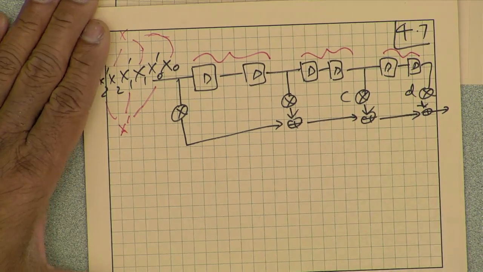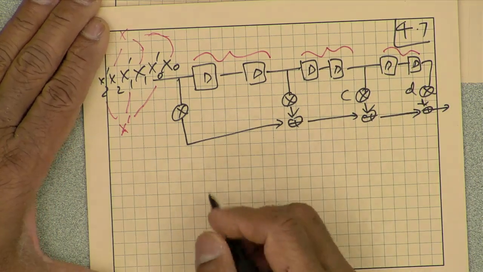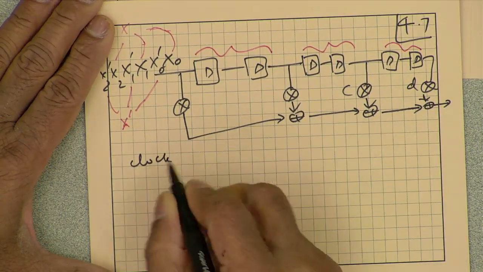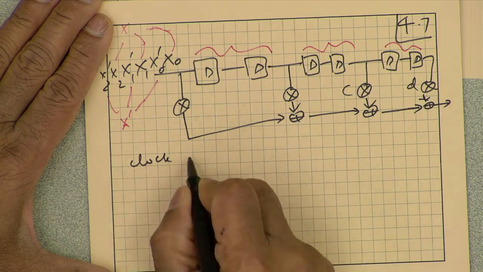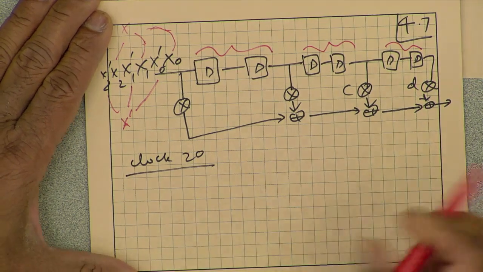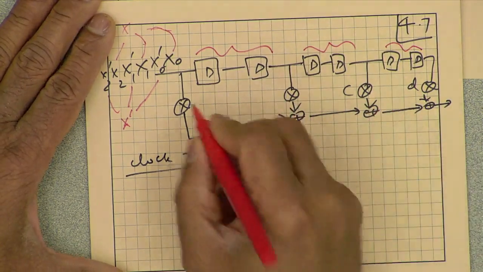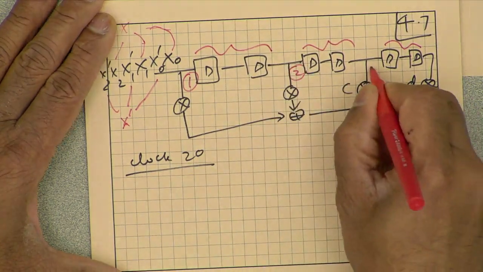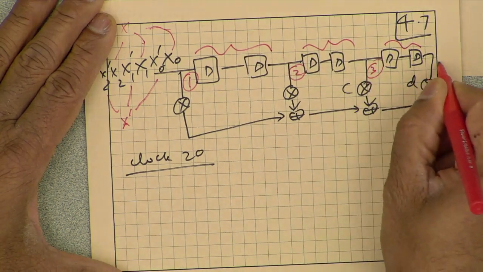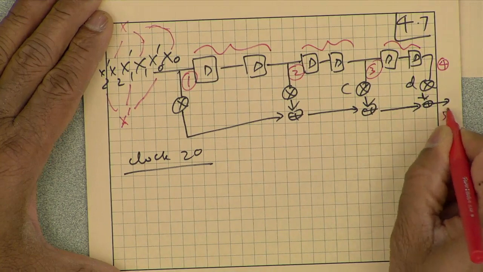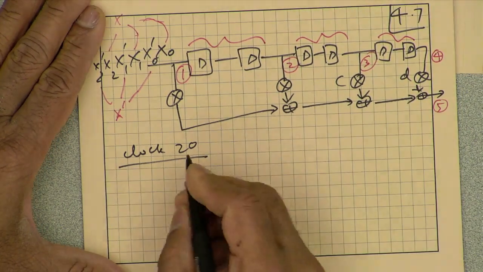Let's say at some clock cycle 20. Let's call these node 1, node 2, node 3, node 4, and output 5.